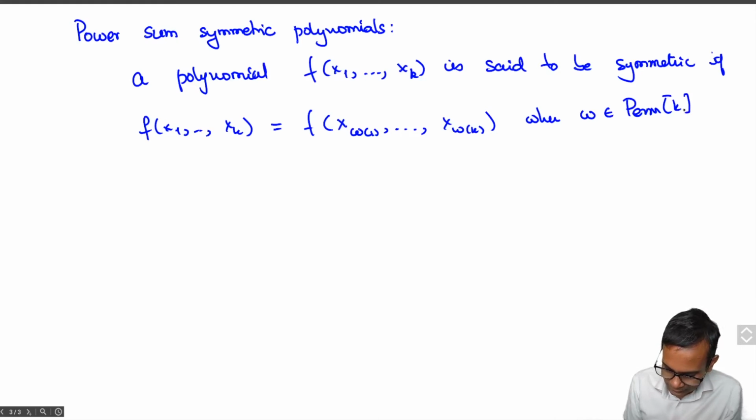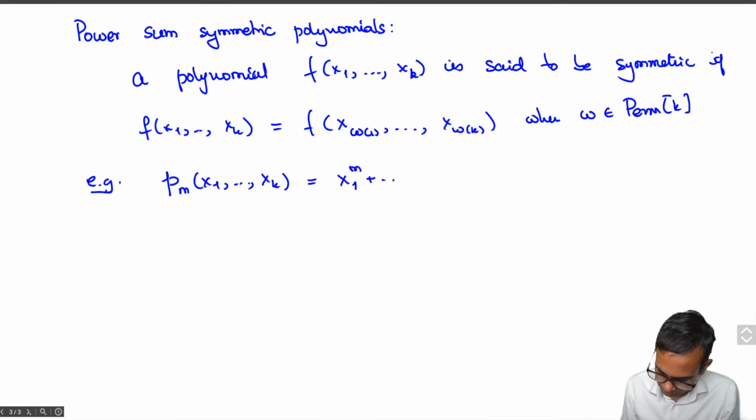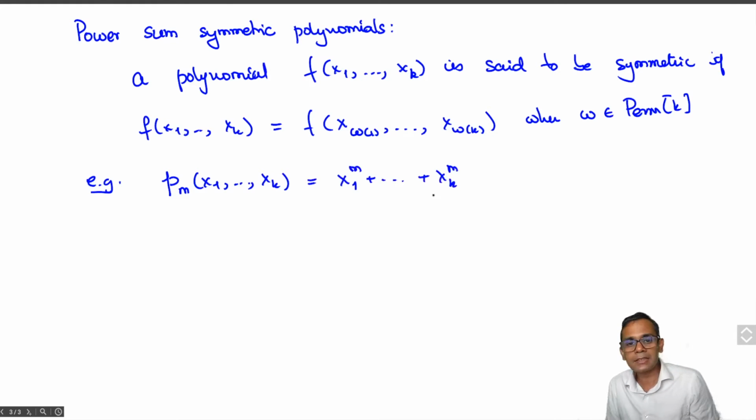So an obvious example of this is the polynomial Pm of x1, x2, through xk defined by x1 to the power m plus through xk to the power m. It's just a sum of mth powers of the k variables.